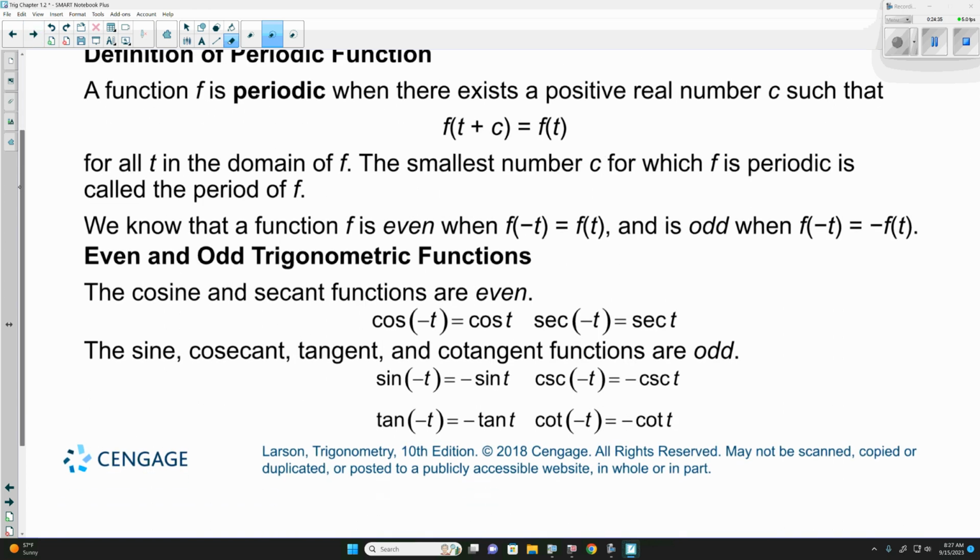A function f is periodic when there exists a positive real number c such that f of t plus c is equal to f of t for all t in the domain of f. The smallest number c for which f is periodic is called the period of f. So the period for a given function is the amount of time it takes for it to repeat itself.